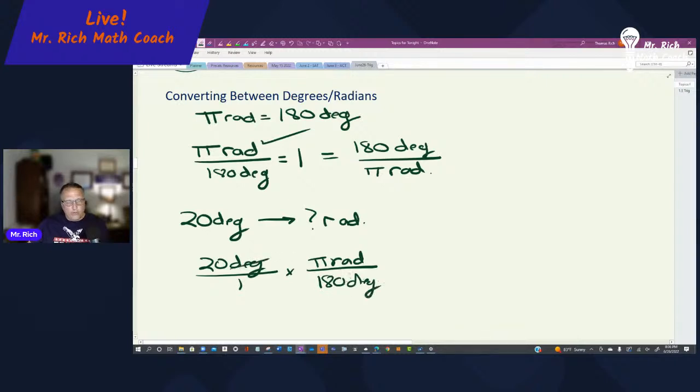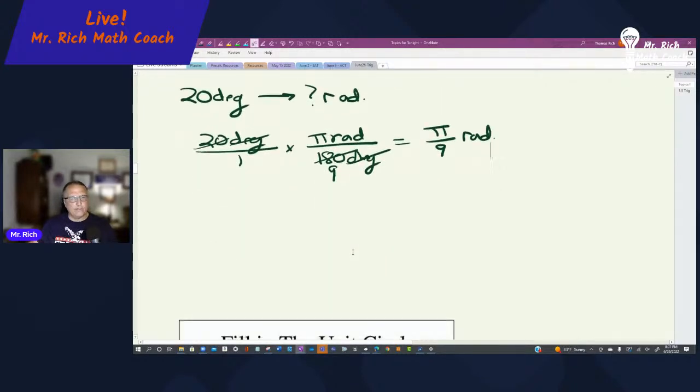My degree units are going to cancel. 20 goes into 180 9 times, so I get pi over 9 radians. And if you're converting the other way, going from radians into degrees, then you would just be multiplying by 180 degrees over pi radians.